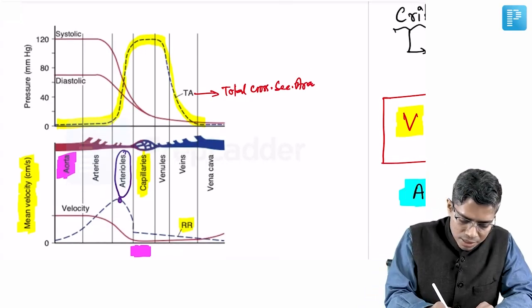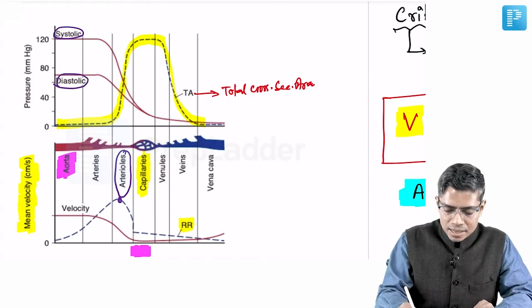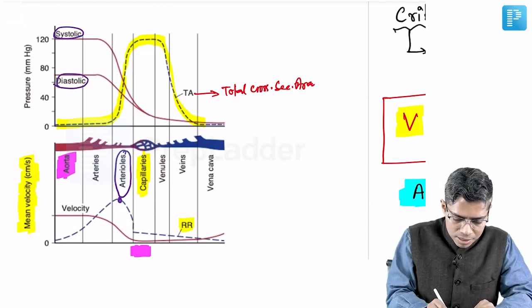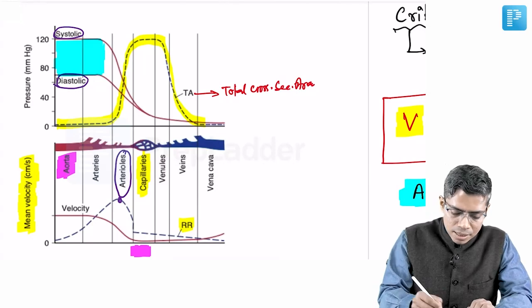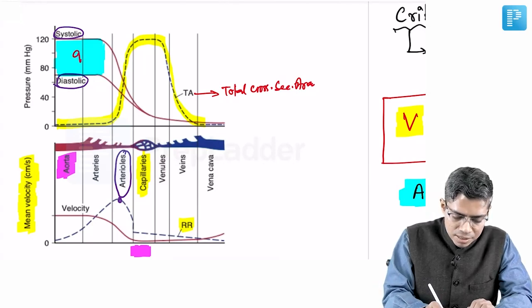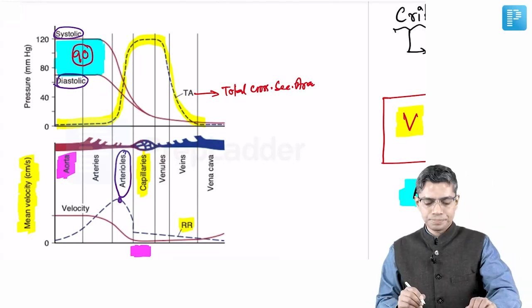That's why, look at this, the systolic and diastolic blood pressure at the level of the aorta and major arteries is very high. On average, the mean pressure in this region is 90 millimeter of mercury.